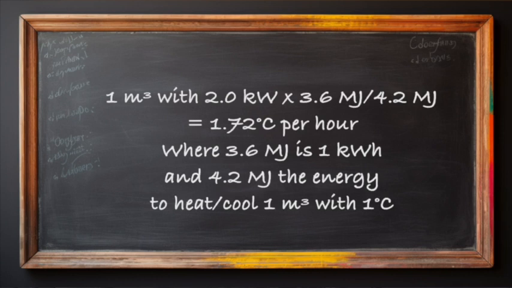Okay, on the cold side you can decrease the temperature of 1 cubic meter water with 2 times 2 kilowatt times 3.6 megajoule divided by 4.2 megajoule. So that means 1.7 degrees Celsius per hour. So that's the temperature decrease, the cooling effect on this cubic meter. And that's in theory without losses.